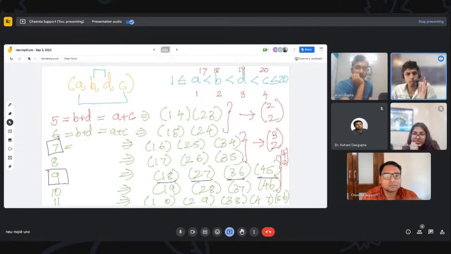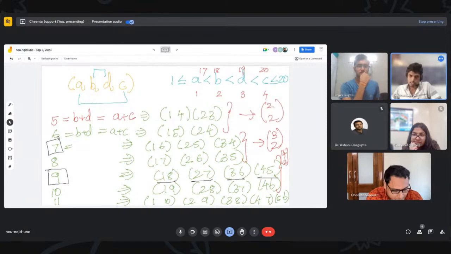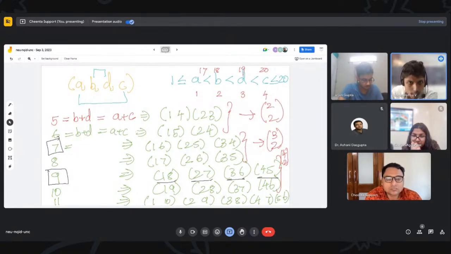The similar pattern will not continue because there is an upper bound also. We do not have only a lower bound, we have an upper bound of 20. So the pattern breaks when there is an involvement of the largest number, that is 1 and 20. So 1 and 20 occurs for 21, right? So the same pattern goes, odd and even like that.